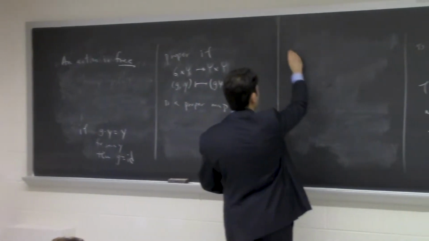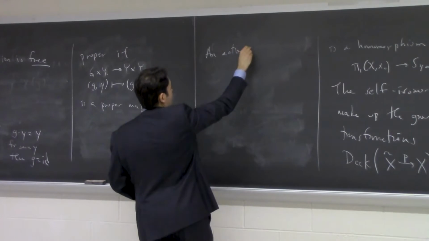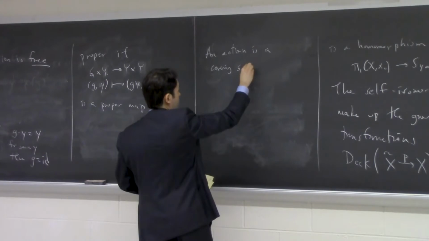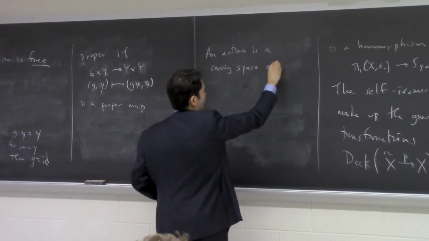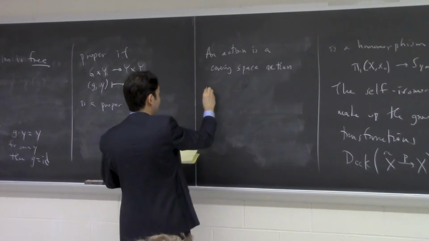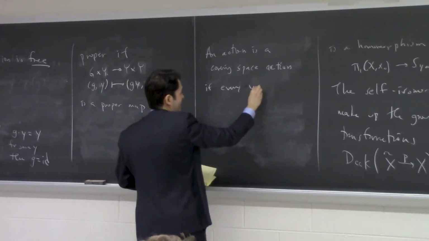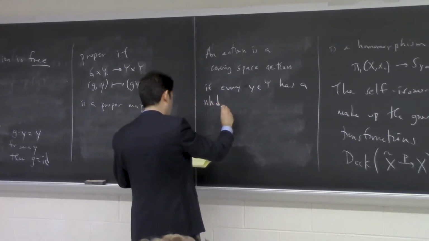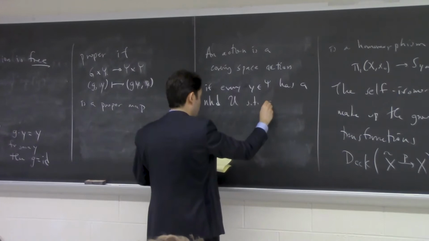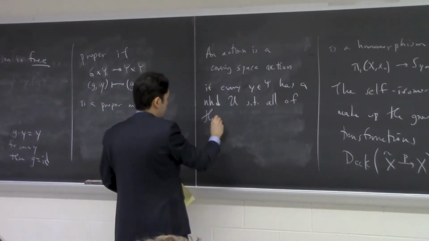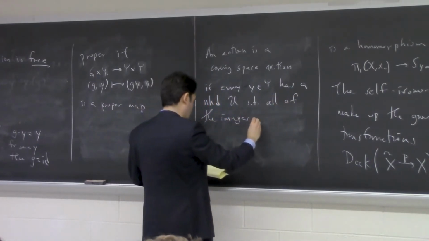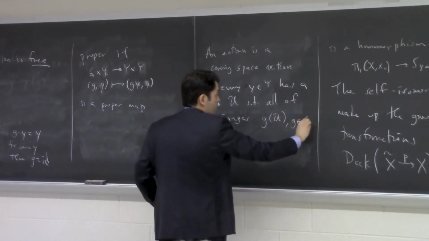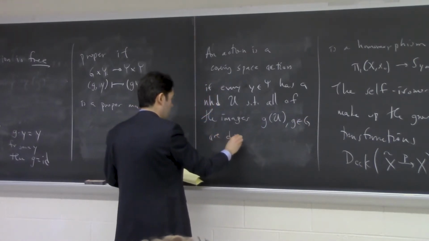Okay, so here's the one we actually care about. An action is a covering space action if every y has a neighborhood U such that all of the images g of U are disjoint.